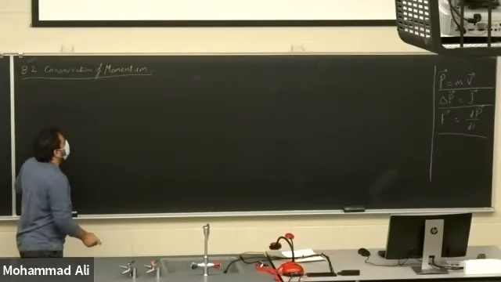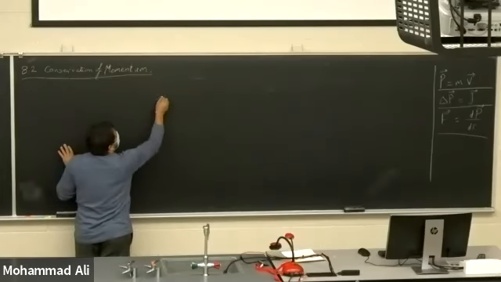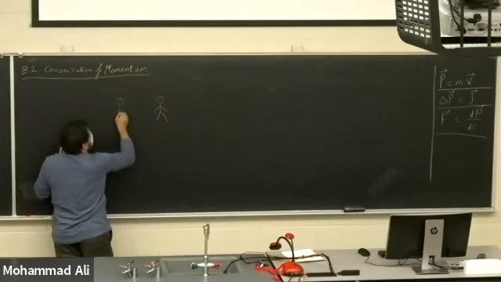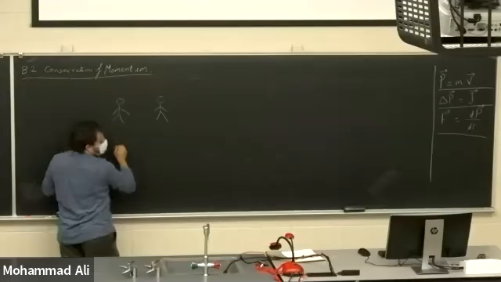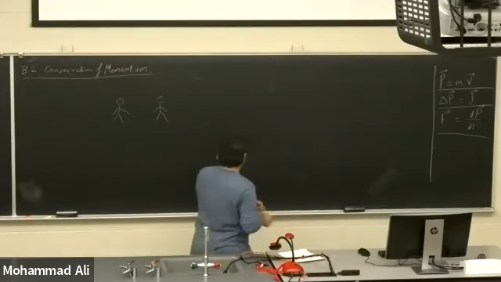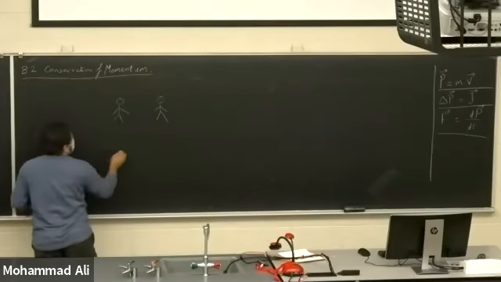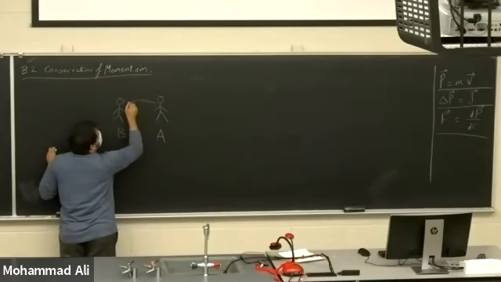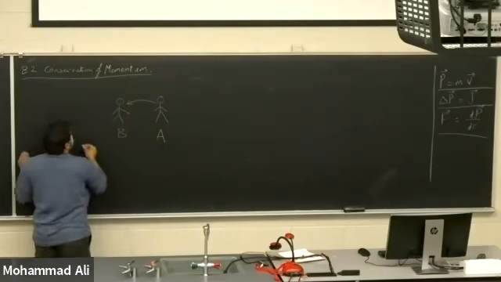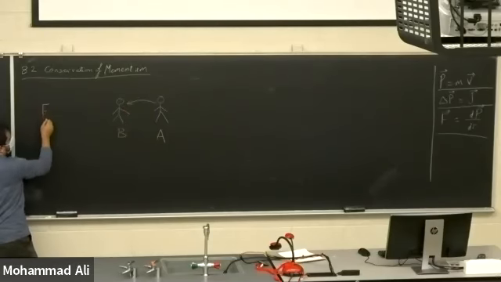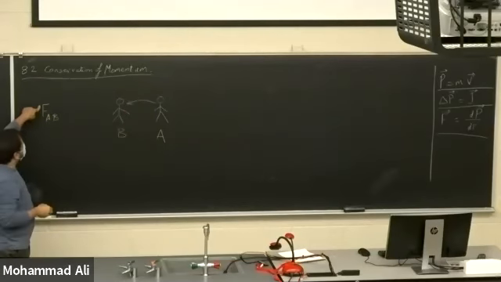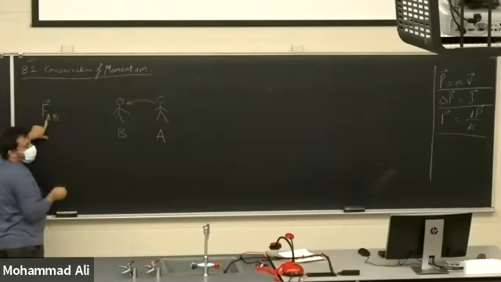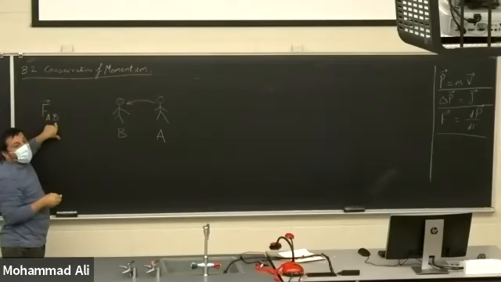If we have two objects or two sources of forces, as you see, this is A and B. If we have a force from A on B, this force will act on the object B and will accelerate it.